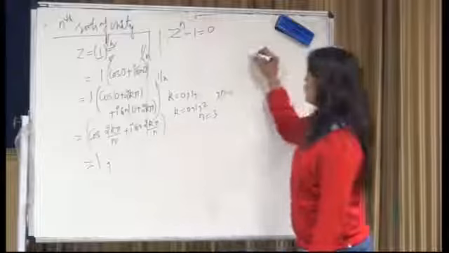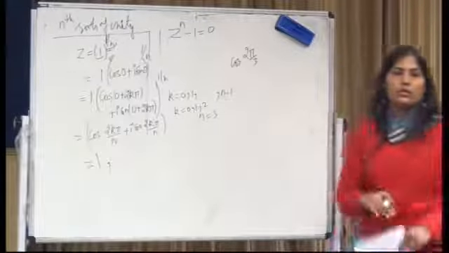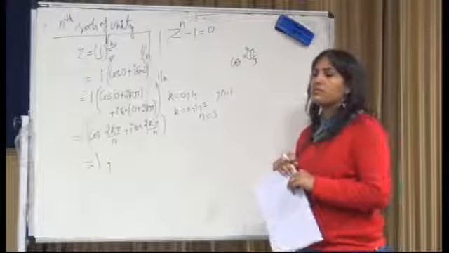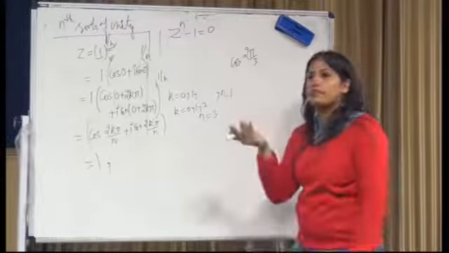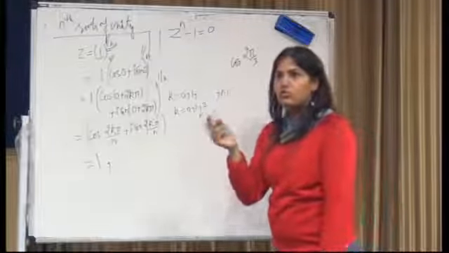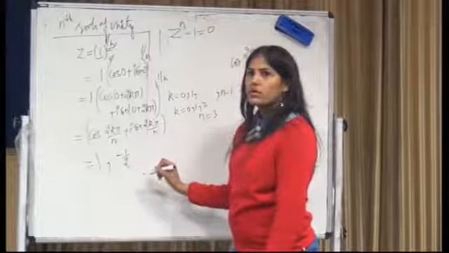2 pi by 3 value will be, cos 2 pi by 3 is how much? So 180 minus 60, 180 minus 60, second quadrant, negative. So cos is minus cos 60, which is minus half.